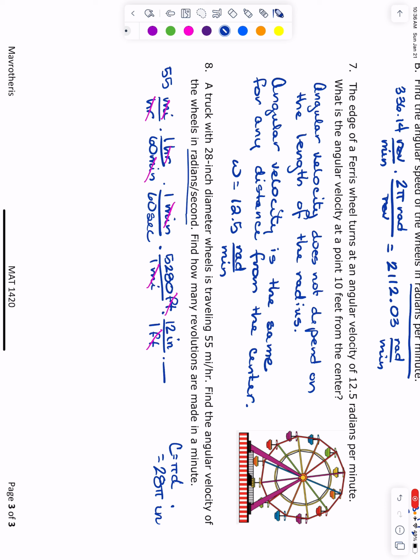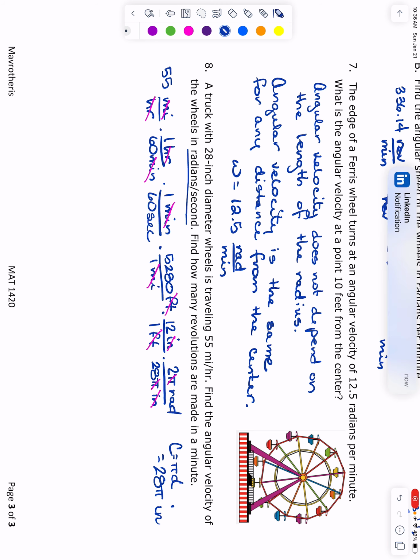So here's my last conversion. I got 28 pi inches, 2 pi radians. My inches cancel. I can also cancel this pi here just to make life easy, and I could cancel other things, but in the interest of time, we are going to multiply across the numerator.